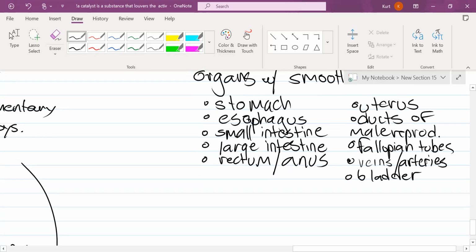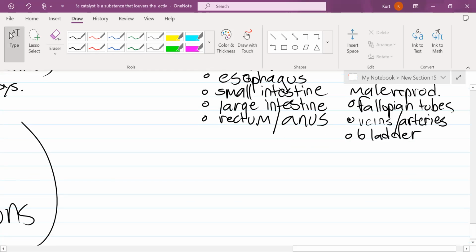Now, this next term is a very important term for you all to know. You'll hear a lot of it when we get to the digestive system, but because it involves smooth muscle and half of our list here is the digestive system, I think it's important to say, when you swallow food, gravity does not take food to your stomach.